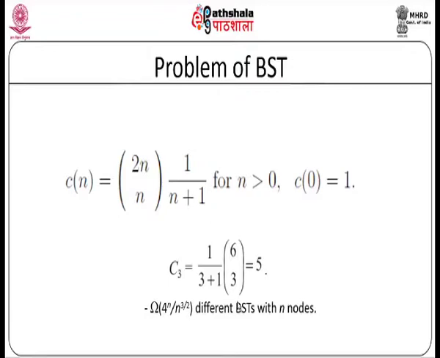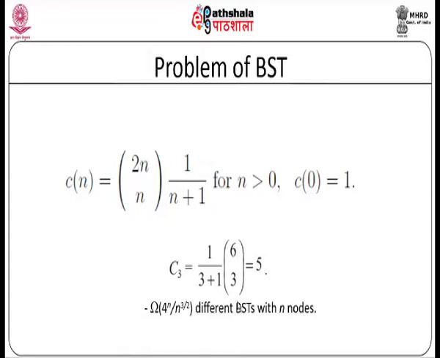So, it is going to be omega of 4 power n divided by n power 3 by 2. In other words, this is an exponential problem, and as n increases, the number of possibilities becomes more and more, and it is practically difficult to implement these sorts of problems.